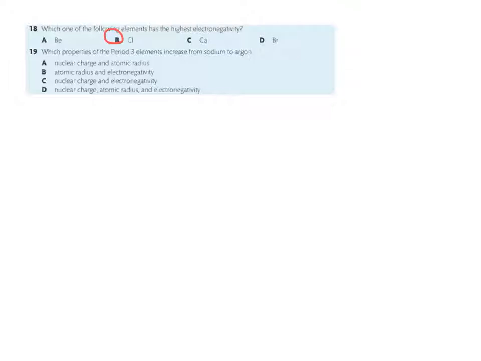19, which properties of the period 3 elements increase from sodium to argon, so left to right, and I've got nuclear charge, atomic radius, and electronegativity being listed as my choices. Well, nuclear charge increases, atomic radius increases.